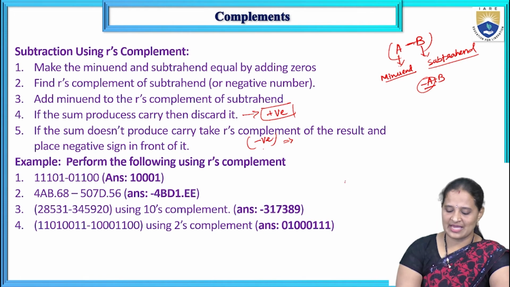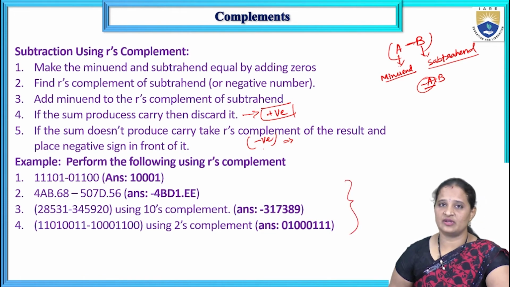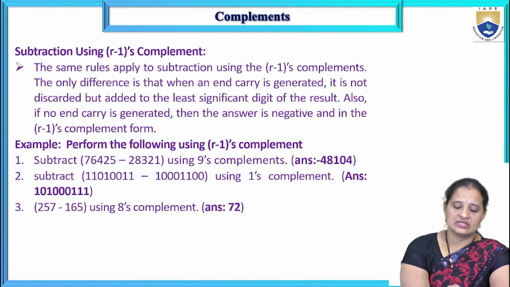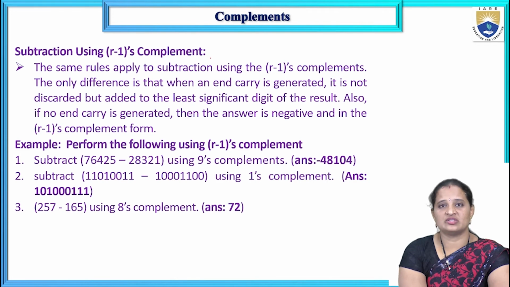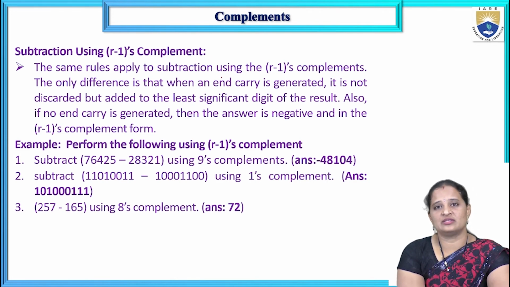So these are some examples. We'll be discussing these once we look at the procedure for subtraction using (r minus 1)'s complement also. So again, the same rules will be applied to the (r minus 1)'s complement.